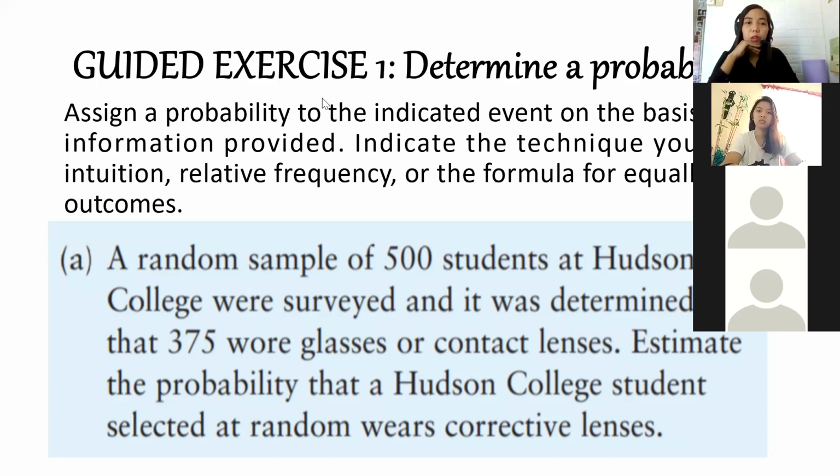Almost the same as earlier. We have a random sample of 500 students. That is the total number. And from the 500, we have 375 who wear glasses or contact lenses. So what do you think?